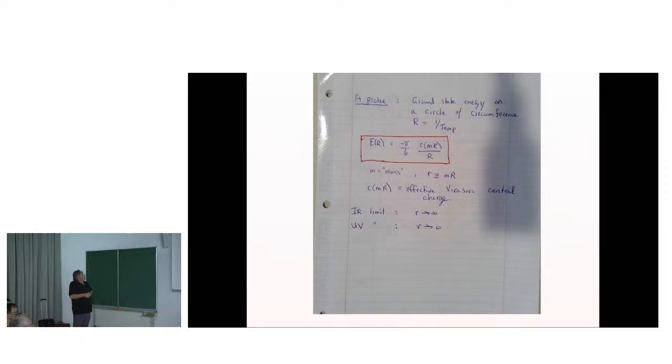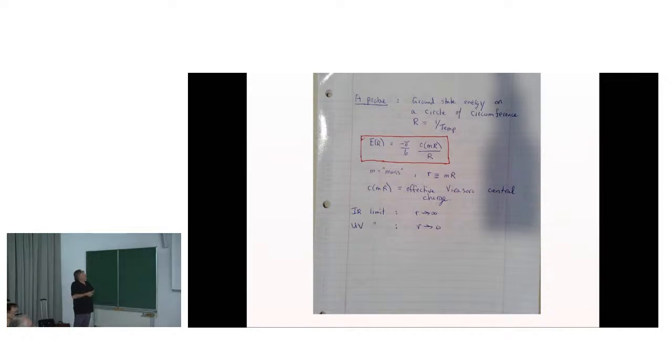So a probe to see whether the ultraviolet is well defined is to consider the ground state energy on a circle of circumference R. In stat mech, that would be 1 over the temperature. It's conventional to express the ground state energy in terms of a scaling function, c of mR, with this coefficient.